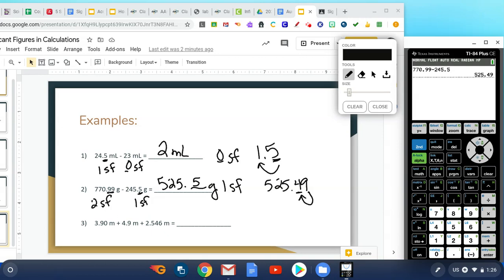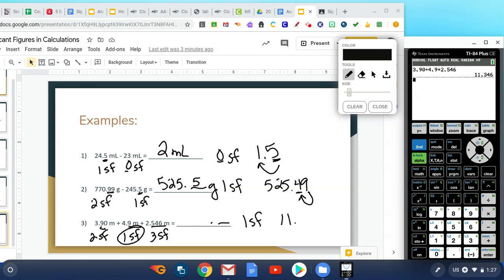All right, last example. I have 2 sig figs to the right here, 1 sig fig to the right here, and 3 sig figs to the right here. So I only need 1 in my answer. So point whatever. So let's do the math. 3.90 plus 4.9 plus 2.546 equals.